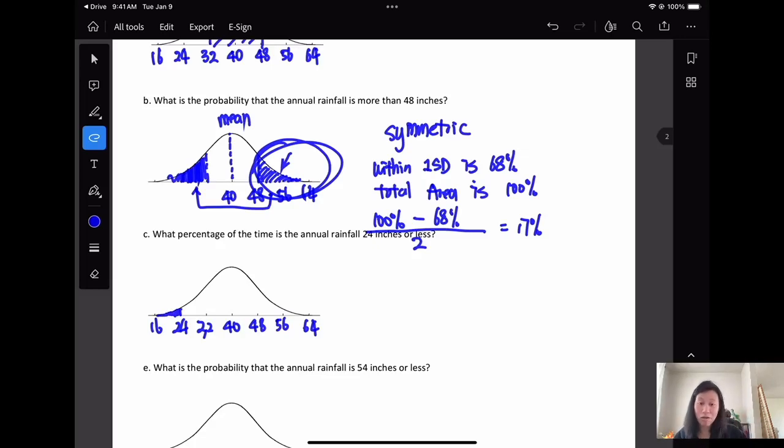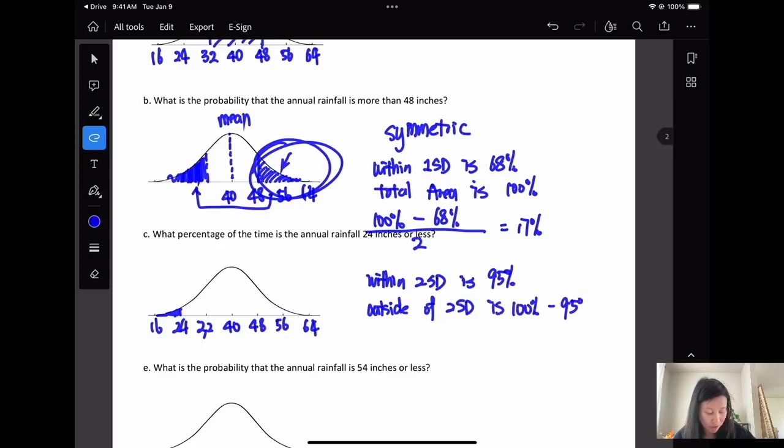That means it's outside of 2 standard deviations. Again, we use the symmetry. So we know that within 2 standard deviations is 95%. That means outside of 2 standard deviations is going to be 100% subtract 95%.